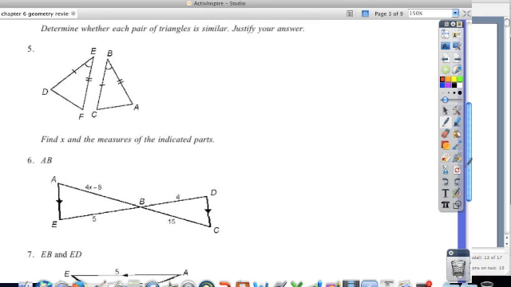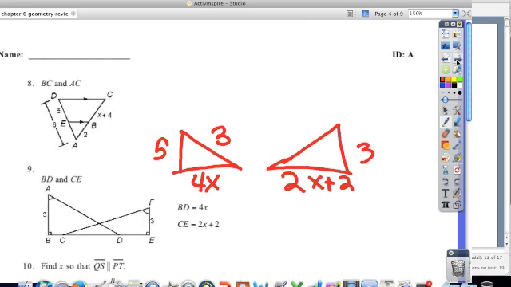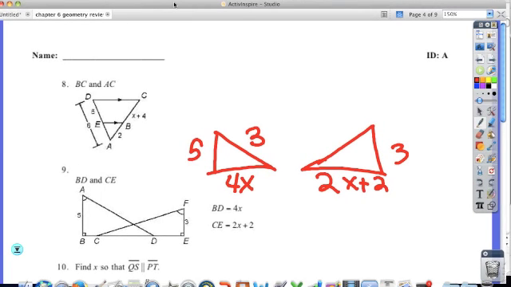Okay, so first of all, we have to be comfortable that we can say that these are similar. How can we say that 9 is similar? Because they both have angle similarity. Since those angles are congruent and these angles are congruent, I know that they're similar.